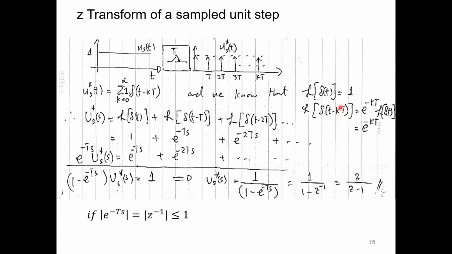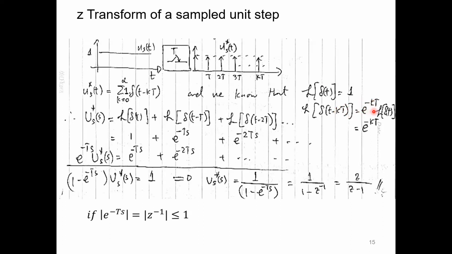Before shifting, it was delta(t). Use the Laplace transform of the unshifted one, which is 1, and multiply it with e to the minus tau s, where tau is the delay. If it is a delay, it is minus. If it is an advancement, it is not minus.